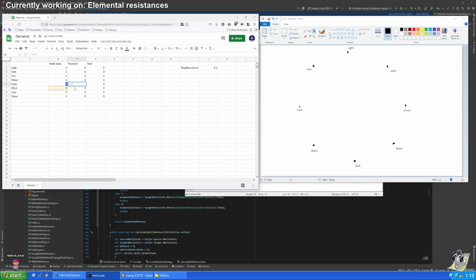Okay, then for the earth, we have light times that plus ghost times that minus wind minus soul times that and minus dark.